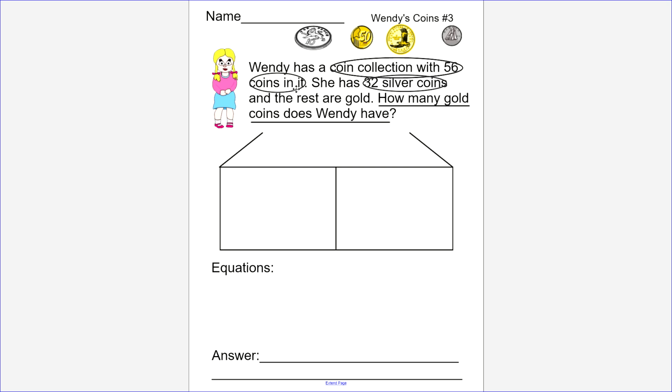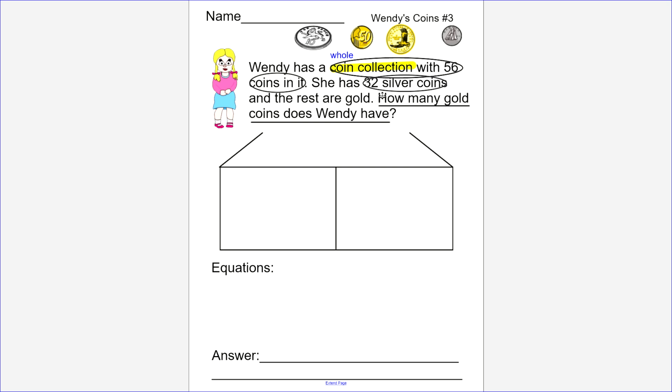What words are helping us know if this is one of the parts or amounts or the whole? Oh yes, I see that it says coin collection. I know that a coin collection would include all of the coins, so that is my whole in this story problem. A coin collection with 56 coins in it is the whole or result amount.